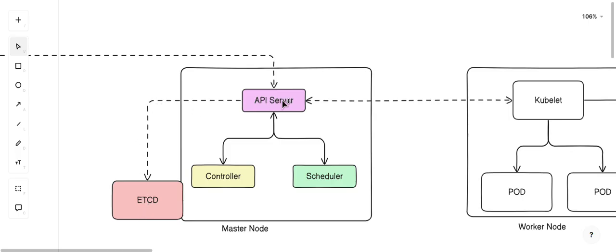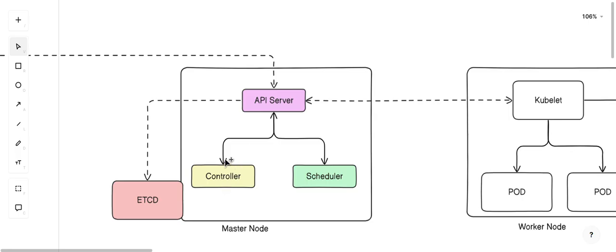Now etcd will say, okay, I have stored it, and the response goes back to the API server. Now what is the controller doing here? It is a control loop that watches the shared state of the cluster through the API and makes changes attempting to move the current state towards the desired state.